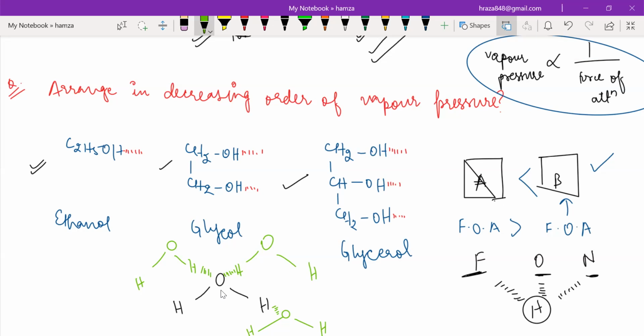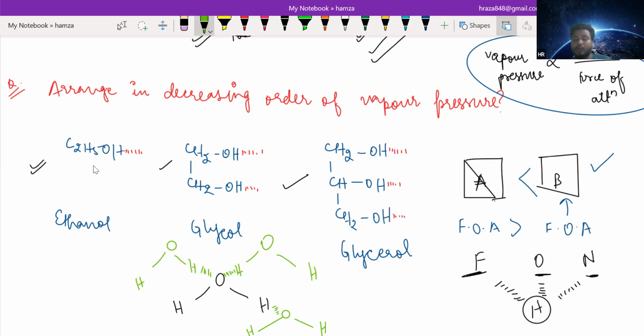Yes, sir. Now see, only one C2H5OH is not present in a cup or in a container. There will be millions of C2H5OH, in which oxygen will make a bond with another hydrogen of C2H5OH, and that will form hydrogen bonding. So it will form one hydrogen bonding, two hydrogen bonding, three hydrogen bonding.